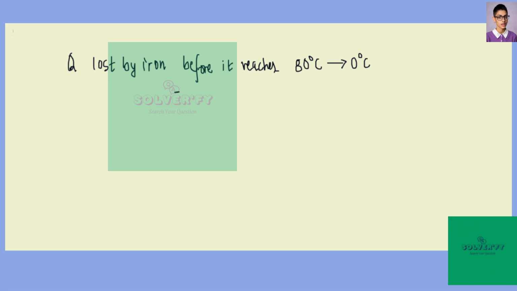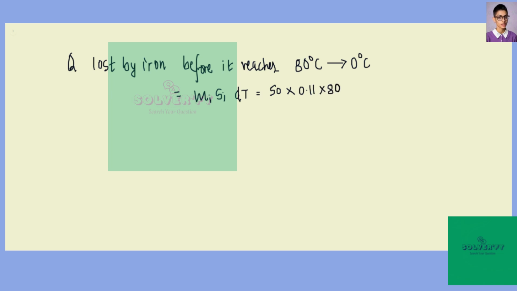That is equal to the mass of iron, right, into the specific heat capacity of iron into the change in temperature. So that is dT, and dT is 80 here. Now the mass of iron is 50 grams, so let me write it as 50 here. The specific heat capacity of iron is given as 0.11 calorie per gram per degree Celsius, so 0.11. The change in temperature is 80.